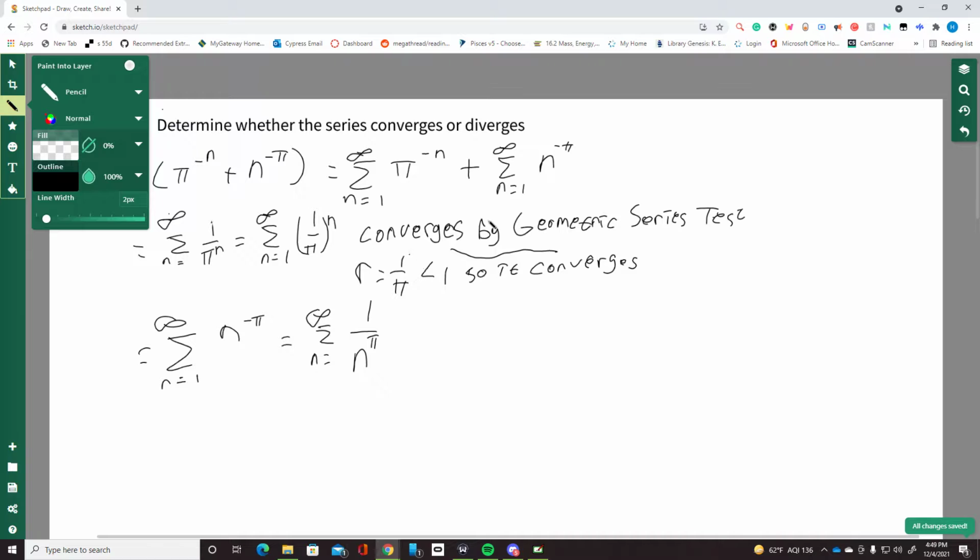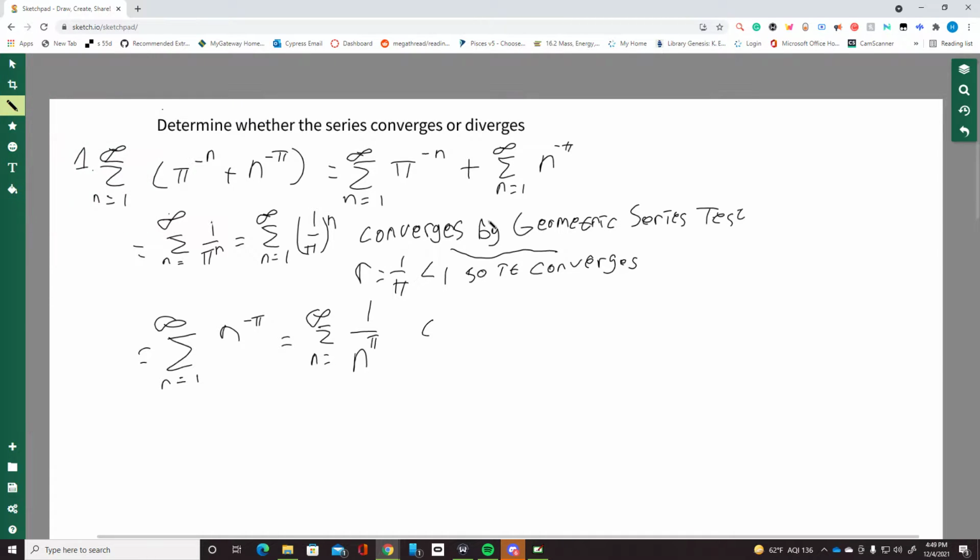So we can just say this series converges because by the p-series test, p equals pi, and pi is bigger than 1, so it converges.